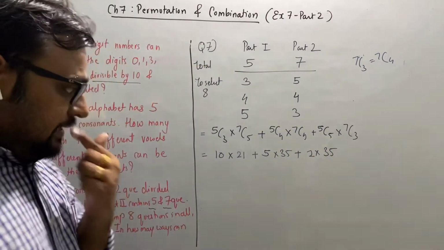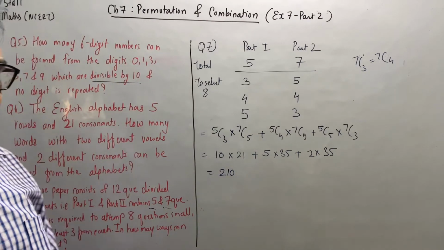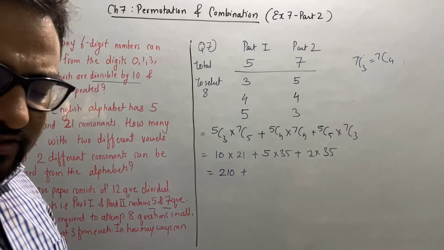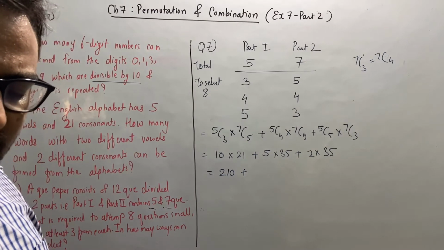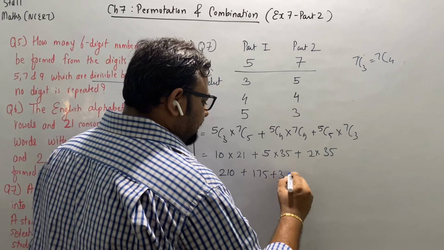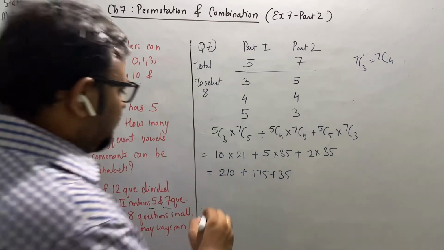So 10 into 21 is 210, plus 35 into 5, that is 175, plus 1 into 35, that is 35. Now let's add: 210 plus 175 plus 35 will be equal to 420.